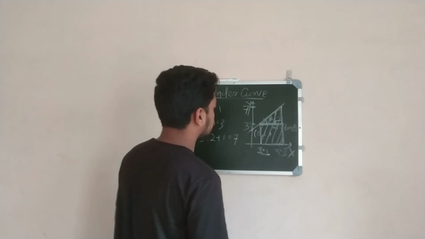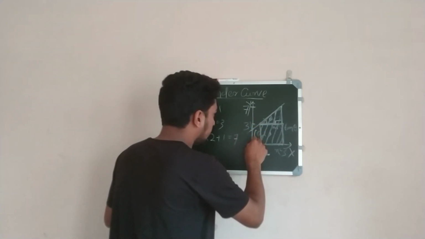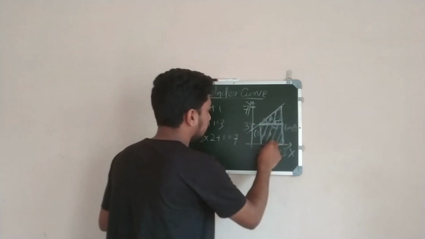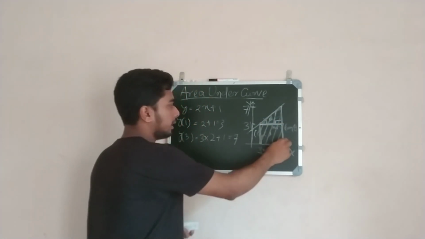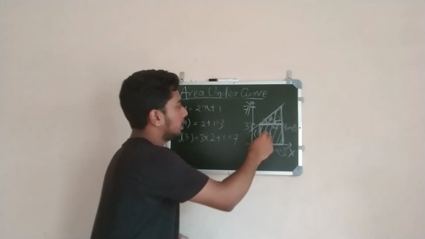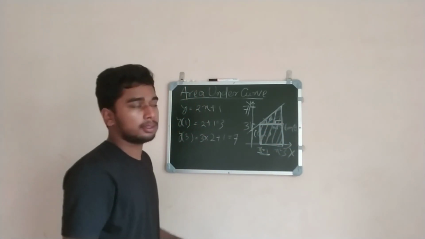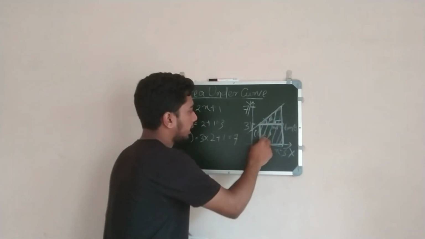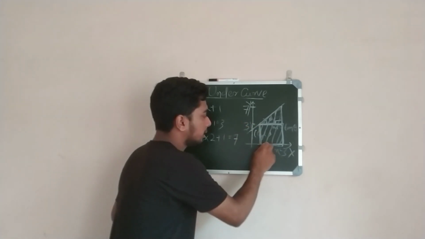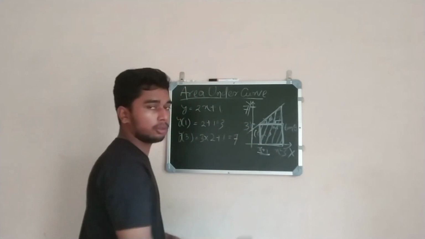So what is the height? Let us see first this rectangle. What is the height of this rectangle? The height of the rectangle is 3 and the base is 3 minus 1, which is 2.